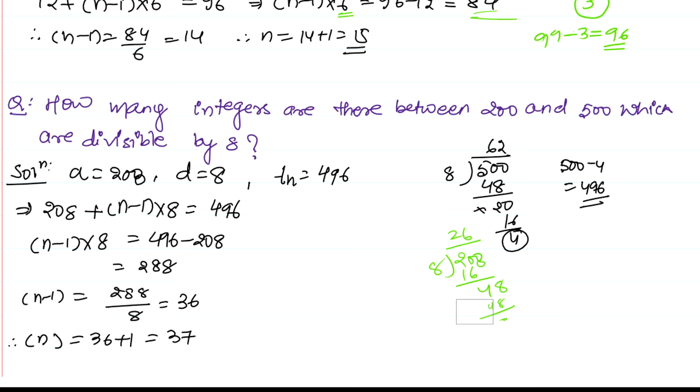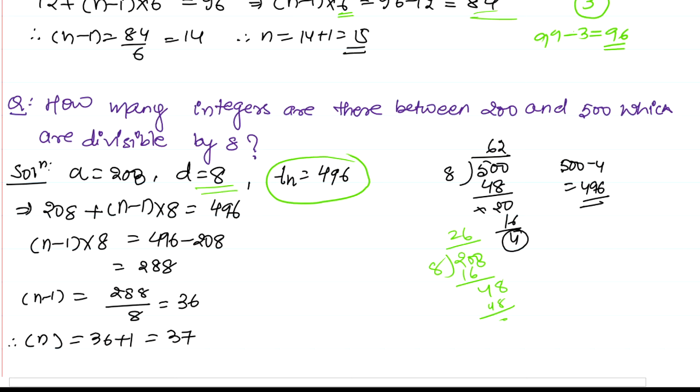So what is 496? 496 is nothing but the Tn, that is the nth term. What is A? That is the first term. First term is 208. And what will be the common difference? 8, because I am taking the numbers in multiples of 8. So it's 208 plus n minus 1 into 8 is equal to 496.